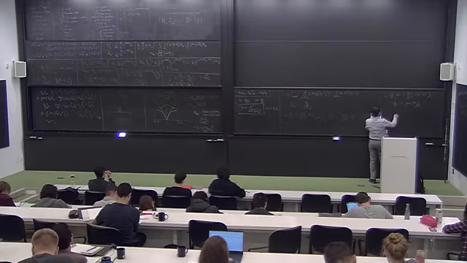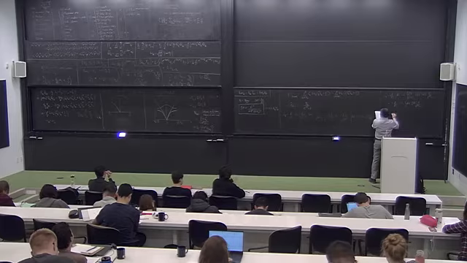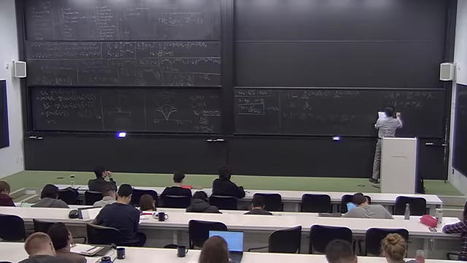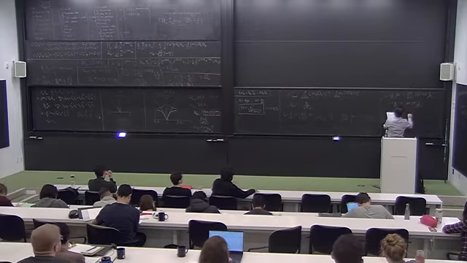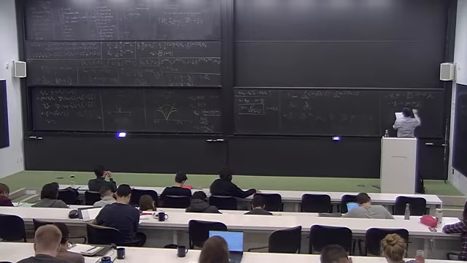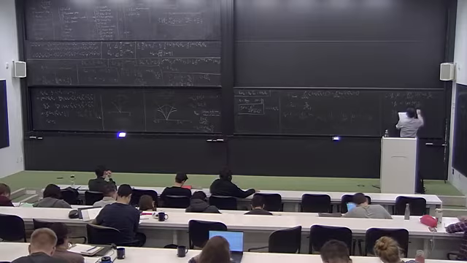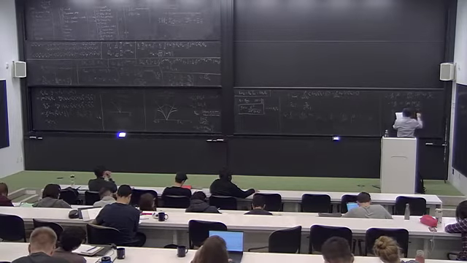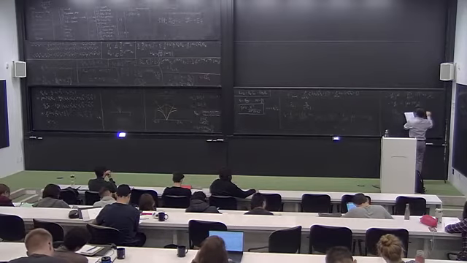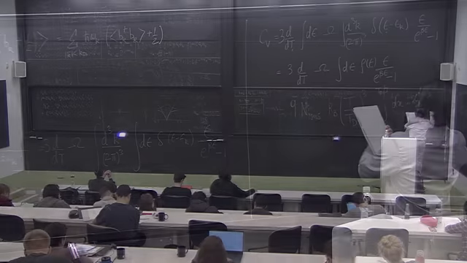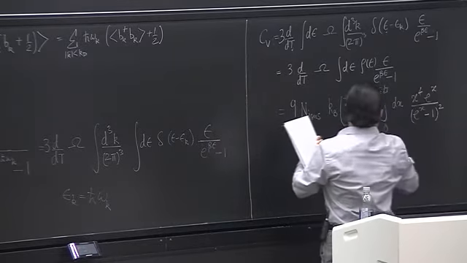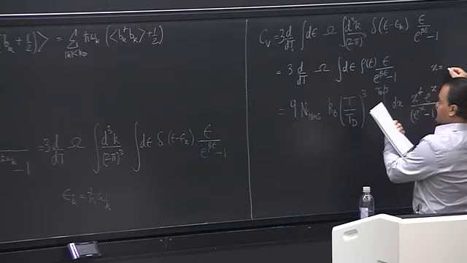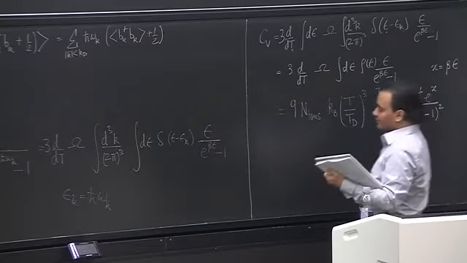You will find that the result of this integration is 9 times the number of ions times the Boltzmann constant, then you have T divided by the Debye temperature cubed, integral from 0 to... So I'm just writing the last step, where x is equal to beta times epsilon.